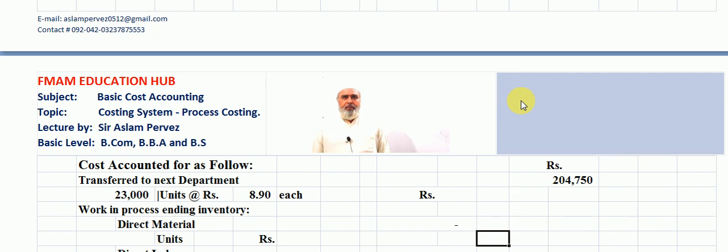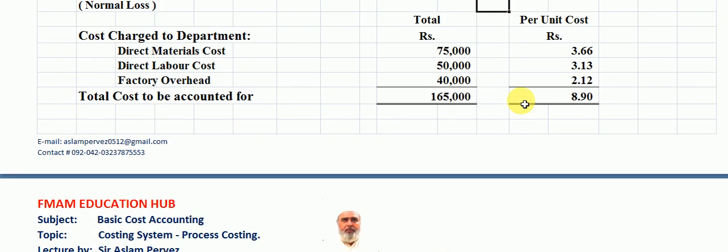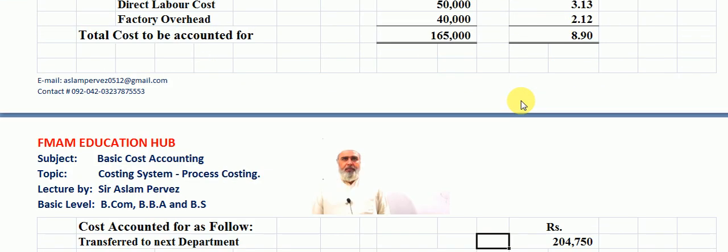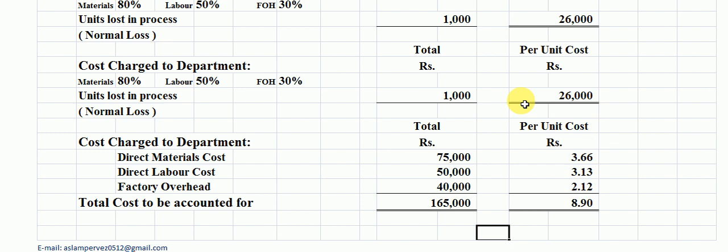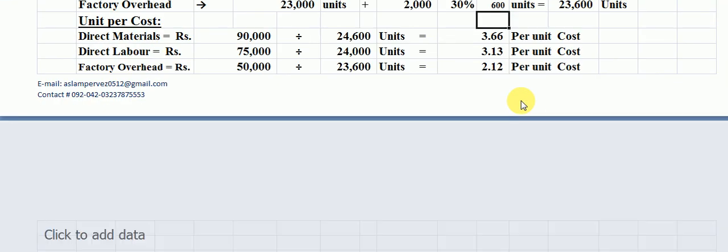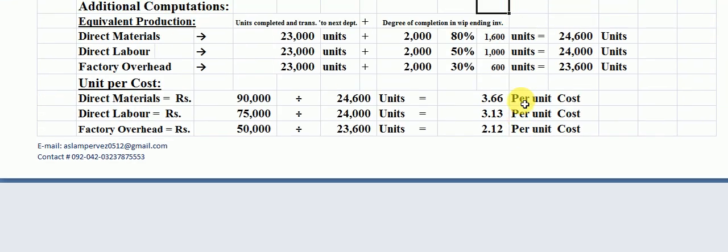Now there is some mistake here. Check it. This is the mistake here. Sorry. The value is not correct.